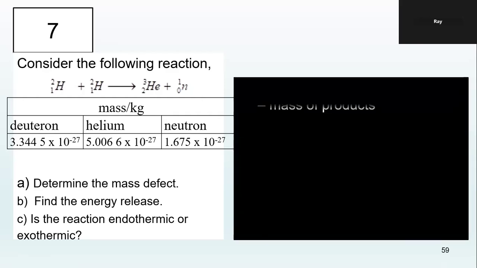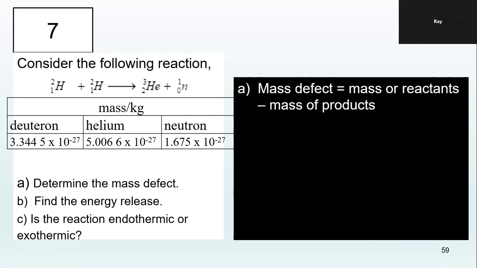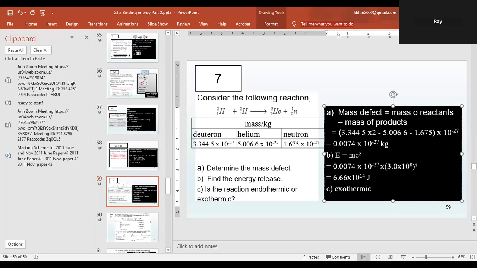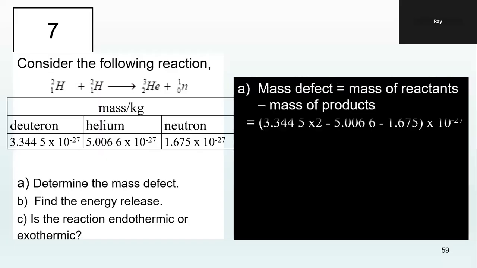Mass defect is mass of reactant minus mass of product. Mass of reactant, deuterium, there are two of them. Mass of product.